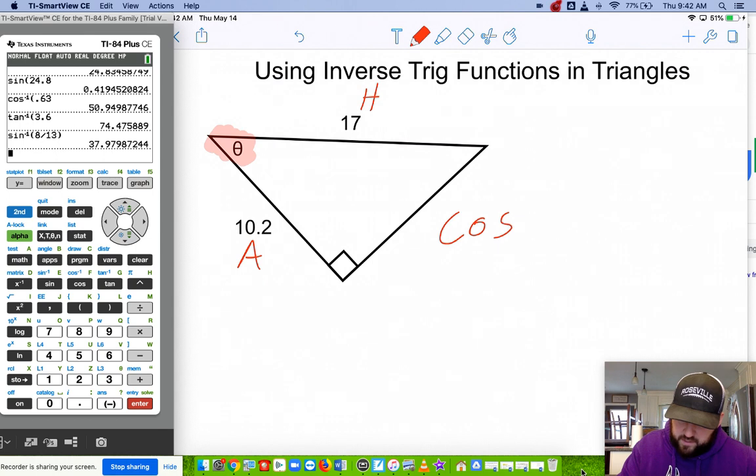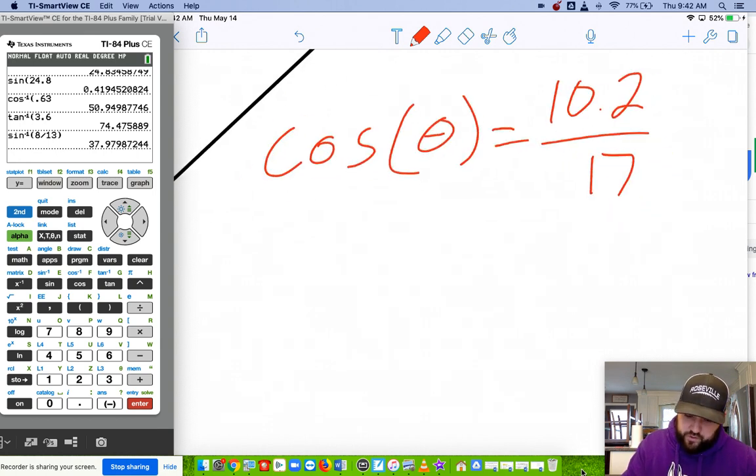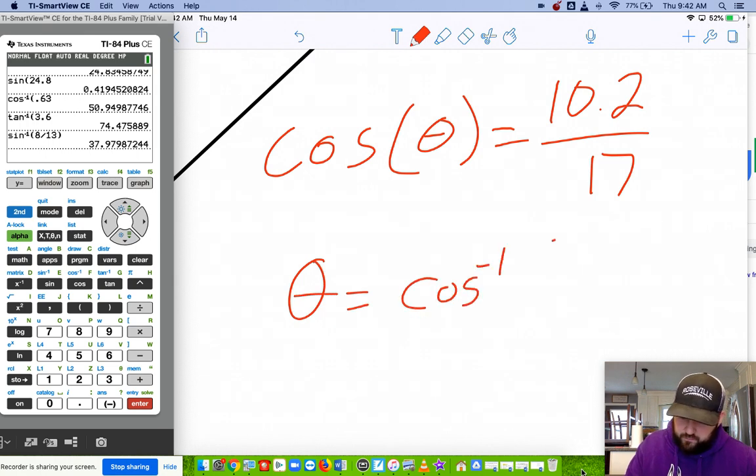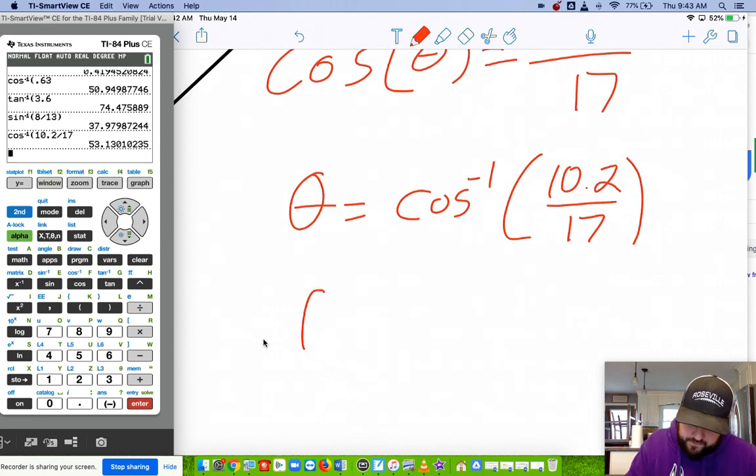So cosine of the angle theta, which is unknown, is equal to adjacent divided by hypotenuse, which means to find the angle, I'm going to use the inverse cosine of 10.2 over 17. Type that in exactly as it looks. Not times, divided by 17. That gives 53.13, so 53.1 degrees.